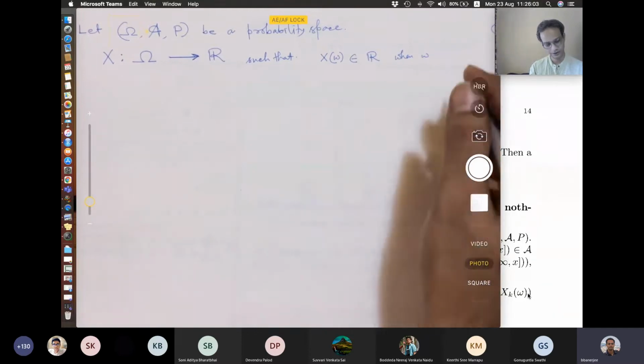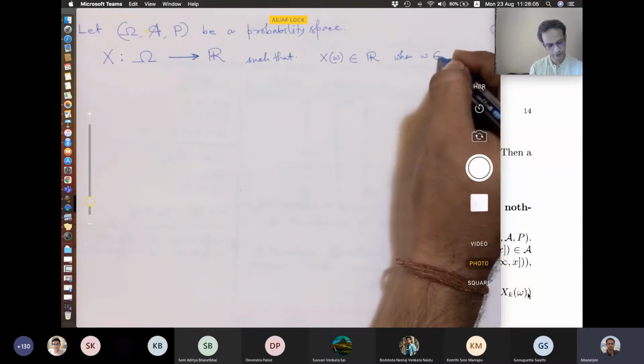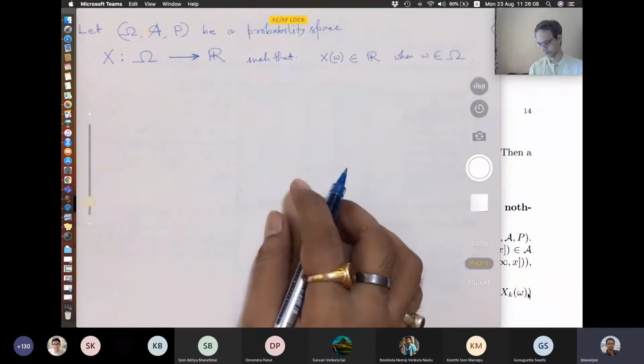Each of the elements of small ω belongs to capital Ω.